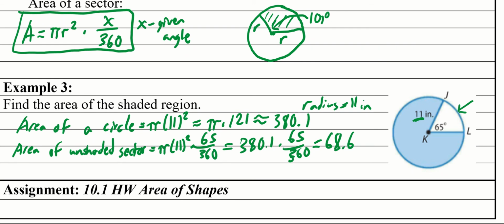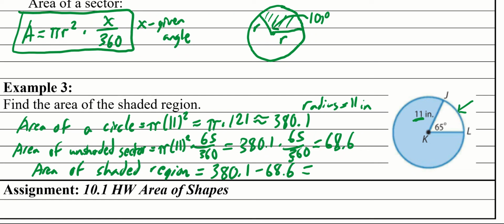So we have the area of the entire circle, we have the area of the unshaded region. Now the last step, I'm going to say the area of the shaded region. All I need to do is take my total, which is about 380.1, and subtract what we found for the unshaded region, or the sector, which was 68.6, and then just see what I get here.